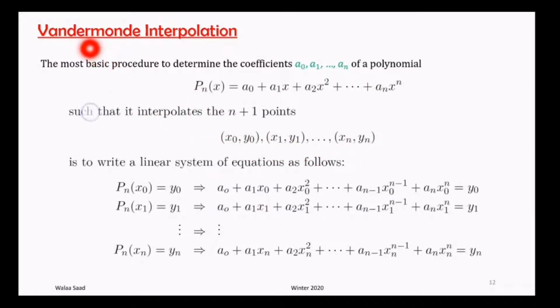What did Vandermonde do? He established a polynomial for every pair. So for x naught, y naught, we can substitute x by x naught, and this will definitely equal y naught. So we need to satisfy every point. We need this polynomial to output the corresponding y of every given x. And of course, this form is very famous.